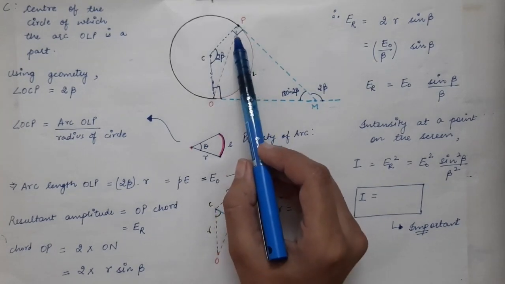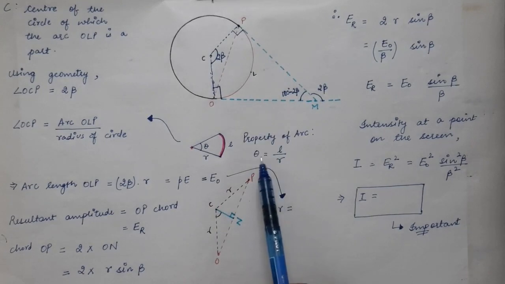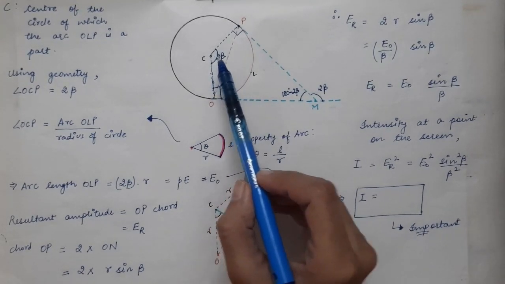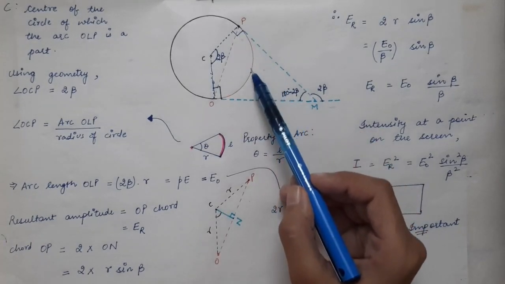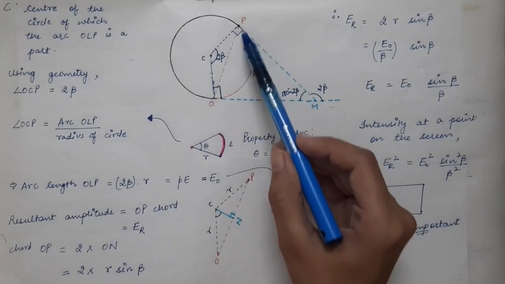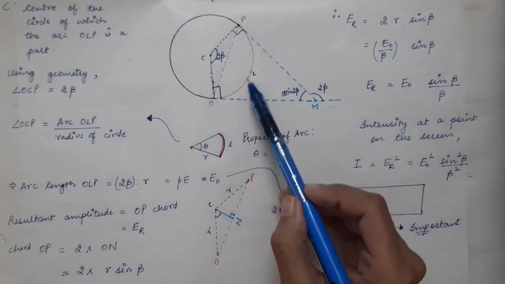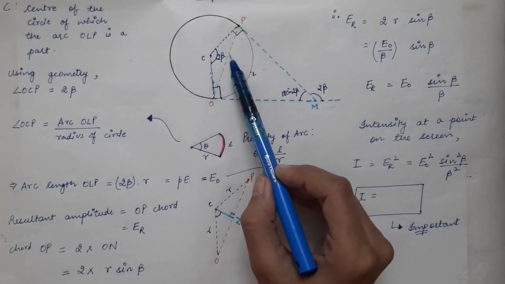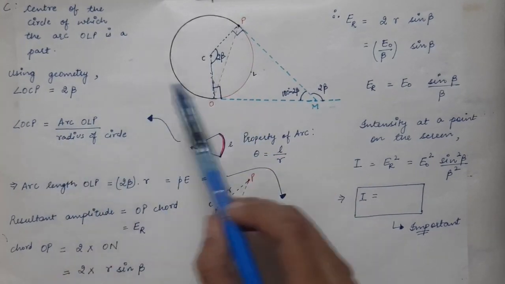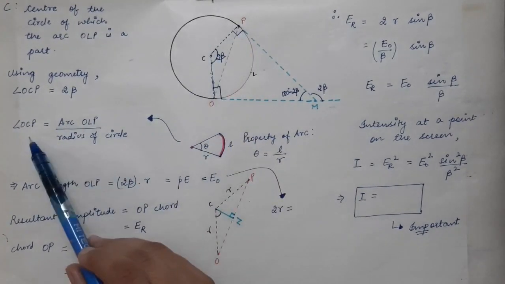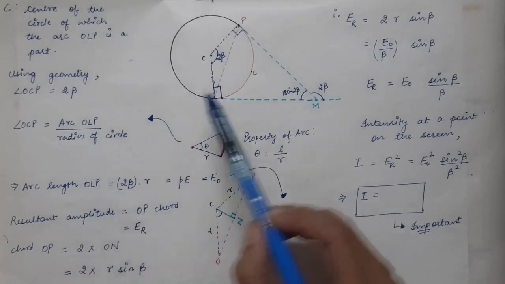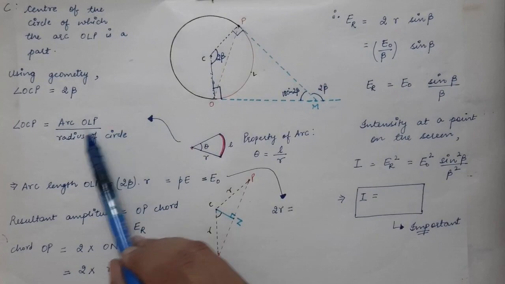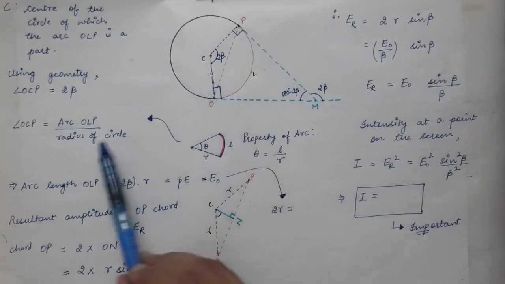So in this particular case, we will use this formula. Now we will use this twice of beta. Twice of beta is the angle subtended by this whole arc OLP. So the angle subtended by arc OLP at the center of the circle is twice of beta. So angle OCP will be equal to the length of the arc OLP divided by the radius of the circle.